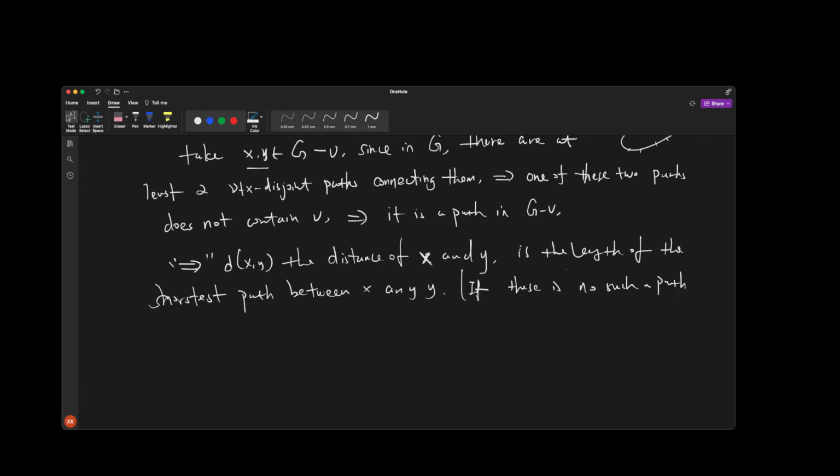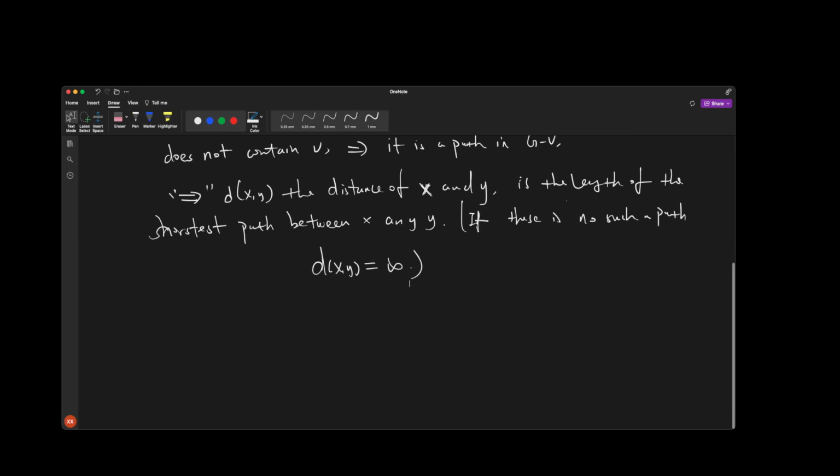There exists no path connecting x and y. In this case, we just define d(x,y) to be infinity. It does not violate the generalized axioms for a metric. So we still call this distance.